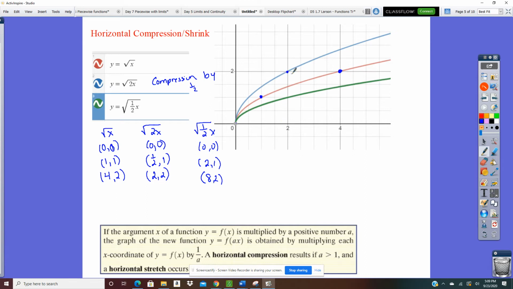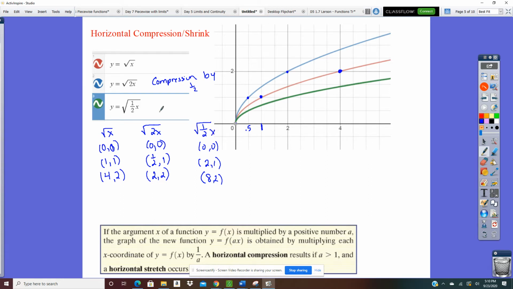So I'm cutting the x coordinates in half. The first one was (1, 1). To get to 1 on this one, it's (1/2, 1). So this is 1, and then this is 0.5 or 1/2. Okay, so that's a compression by 1/2.